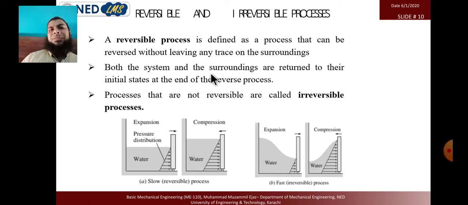All these definitions are illustrated by the pictures below. In the first picture, we have a plate, and below the plate we have a roller. When we move this plate slowly towards the wall, the water will rise, and when we repeat this action and pull the plate back into position, the water level will decrease and come back to the initial position.